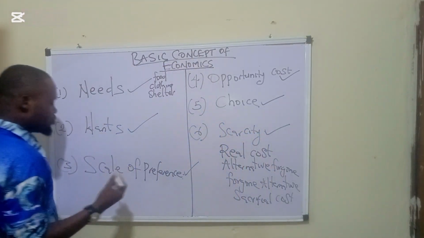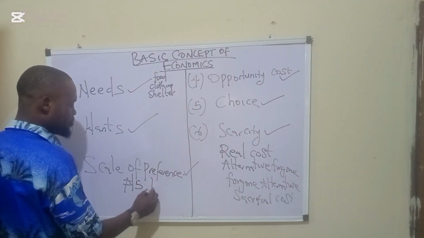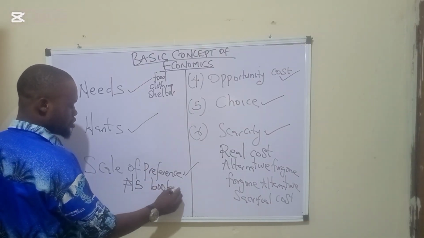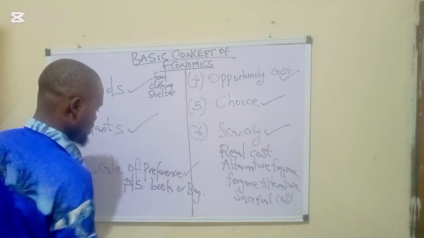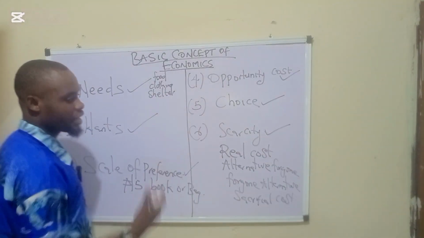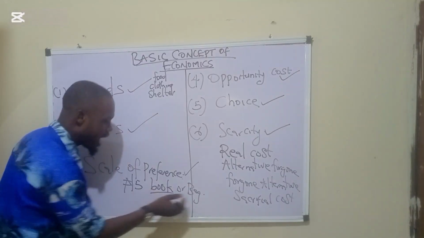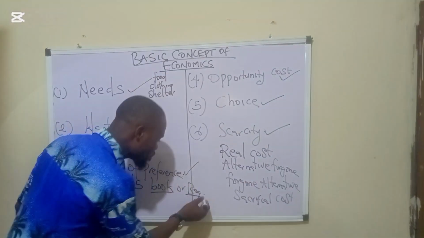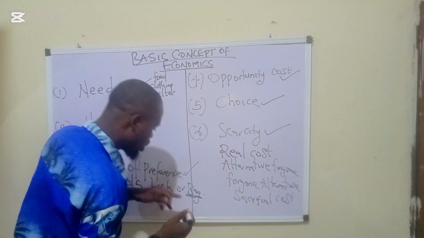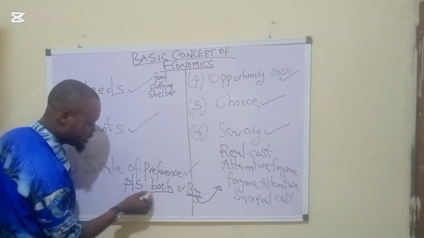For example, Musa has 5 naira to buy either a book or a bag. If Musa buys the book and leaves the bag, the opportunity cost becomes the bag, because Musa foregone the bag to buy the book.